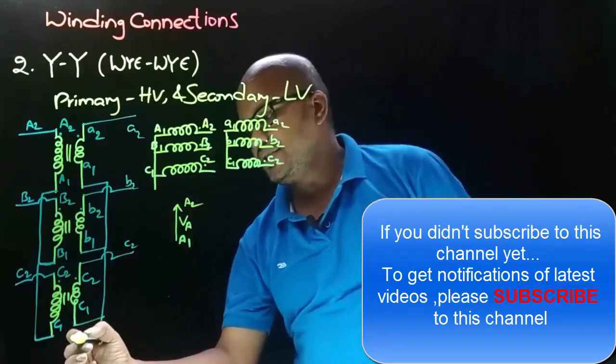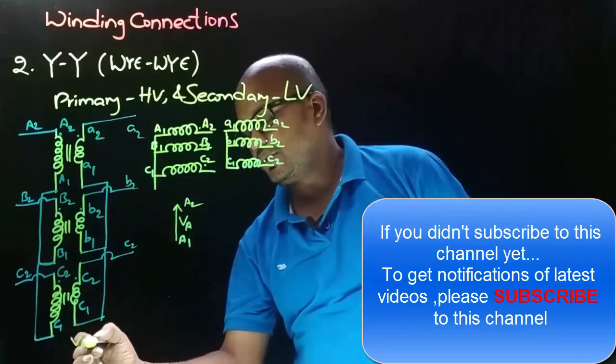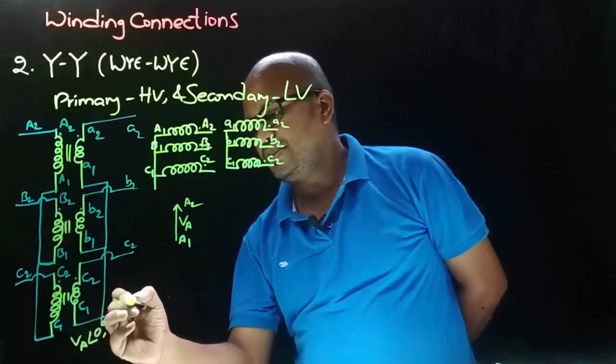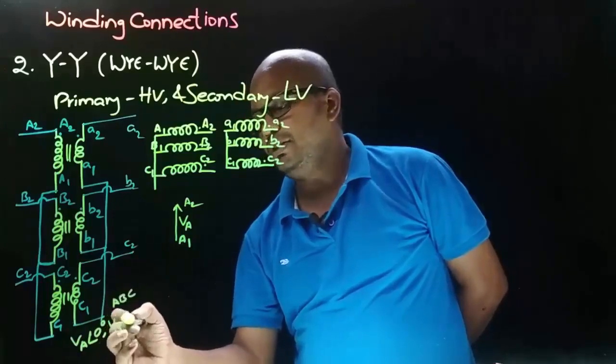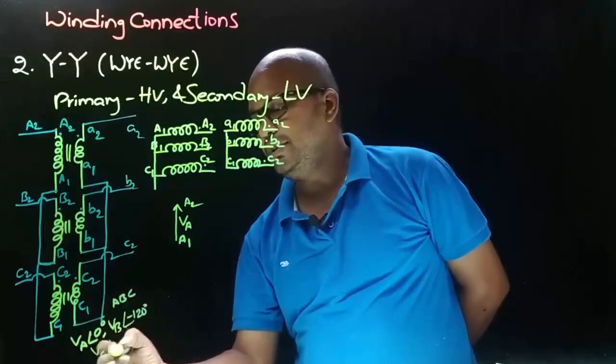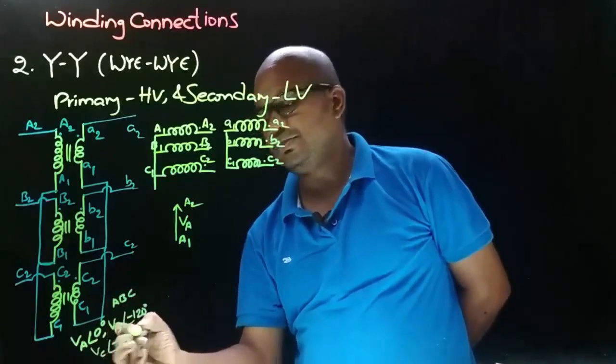So in three-phase system, it is known that if VA is taken as reference for ABC phase sequence, VB will be at an angle minus 120 degrees and VC will be at an angle minus 240 degrees.